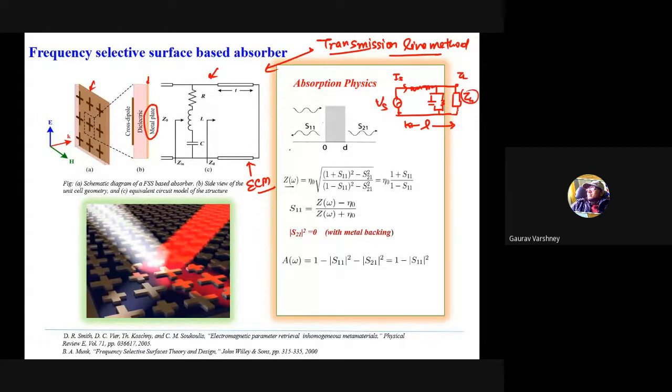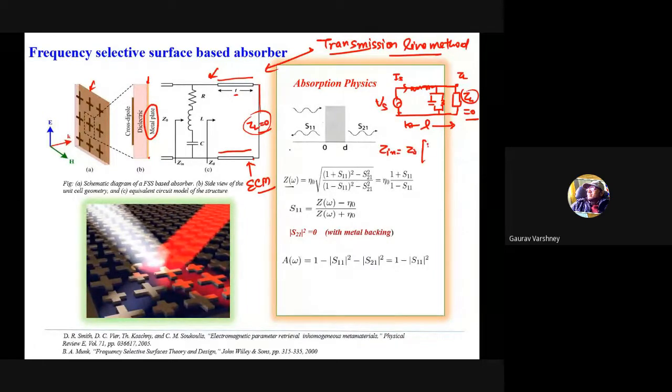So what do we do? If we place the metallic plane at the back side, this metallic plane will be utilized as a short circuited transmission line. This is a transmission line section having length T, short circuited at the load end. So ZL equals 0. If ZL equals 0, what will be the value of the input impedance?